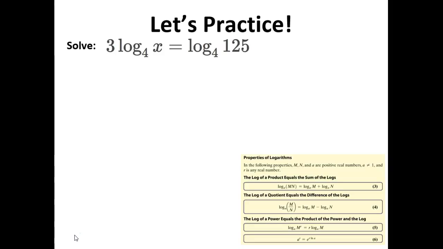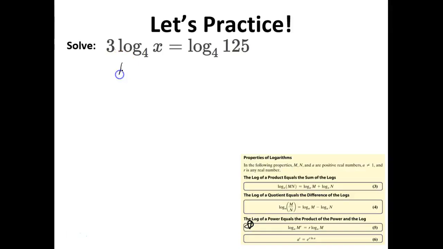So a little bit of practice with this. Here we have 3 log base 4 of x is equal to log base 4 of 125. Well, if we go back to that property from the previous slide, we have to have just the logarithm. So to have just the logarithm, this number out front can become the exponent of 3 based off of this property right down there, the power property.